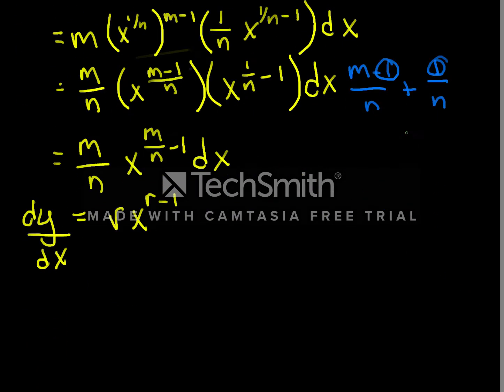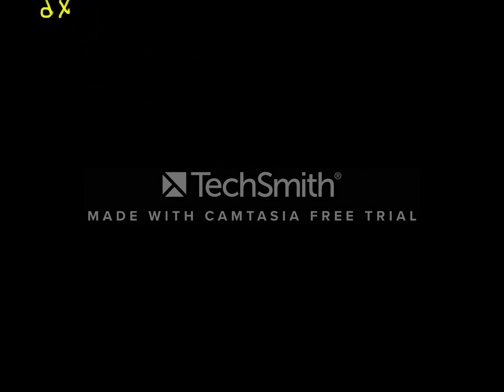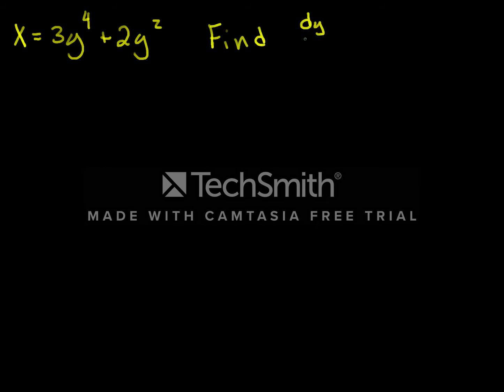Okay, so let's get to some examples. Let's say that x is equal to 3y to the fourth plus 2y squared, and I want to find not dx/dy, but for some reason I want to find dy/dx.